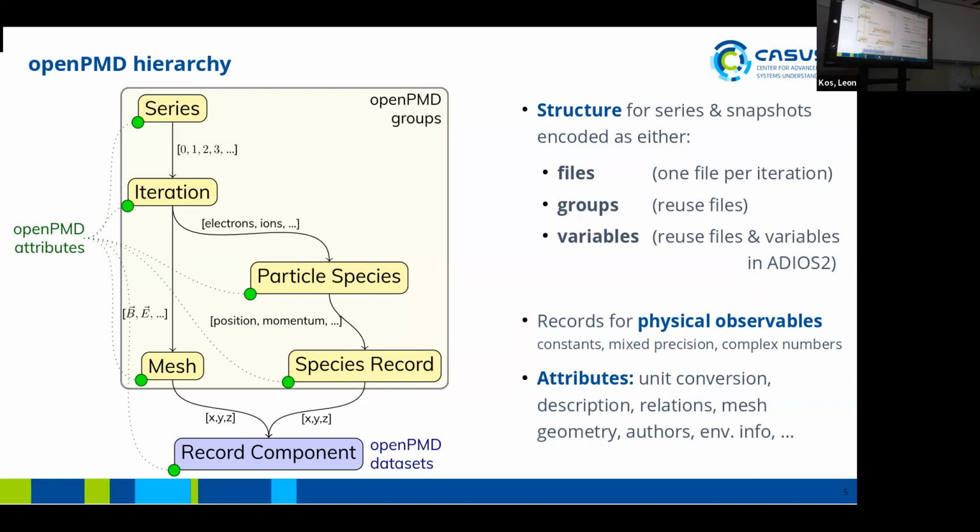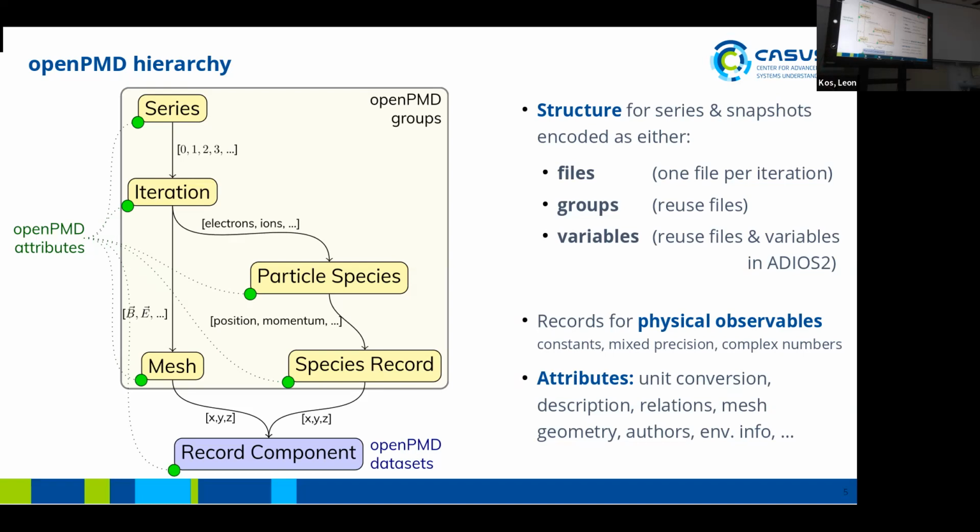These iterations can be modeled in different ways. If you imagine that you're running a very long simulation, you might not want to put everything into one single file, because if somehow your file gets corrupted, then things might go south, or some data packets might just not scale if you eternally put more iterations into them.